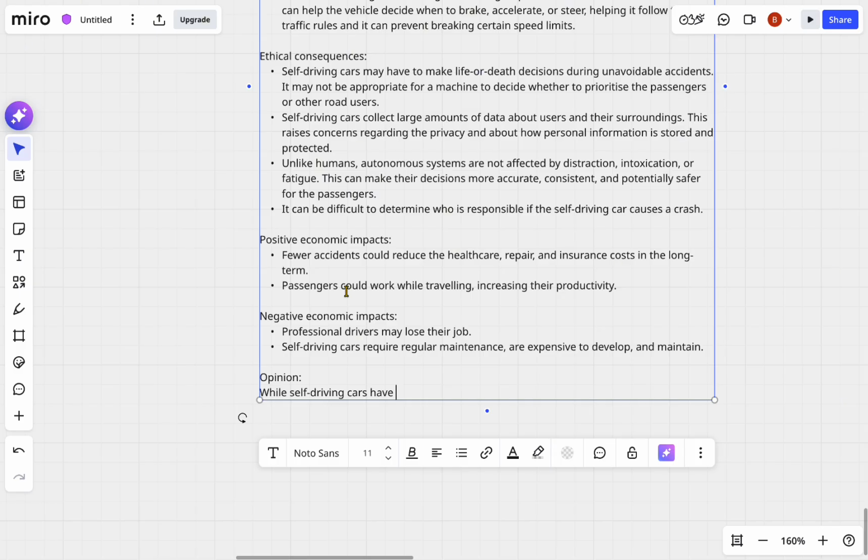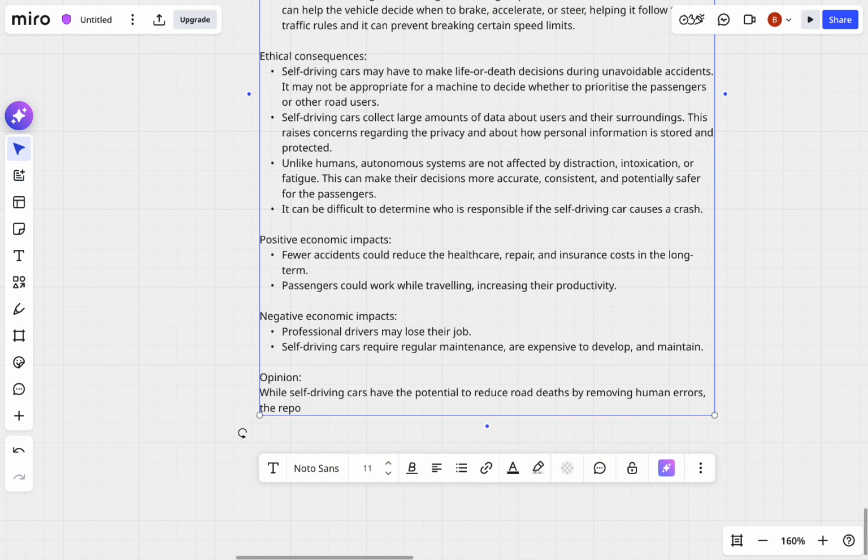So yes, write: while self-driving cars have the potential to reduce road deaths by removing human errors, the reported crashes show that the technology is not fully reliable yet.